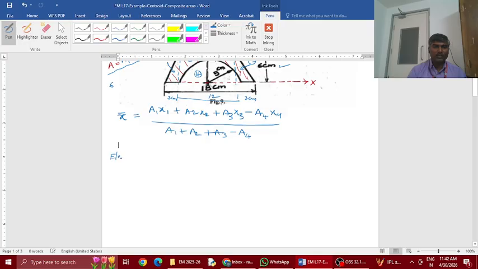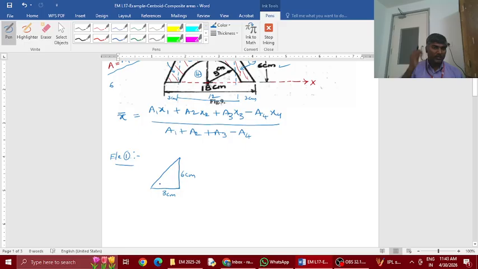So now I am writing element 1 properties. Element 1 is a triangle. Try to draw that triangle, 3 centimeters and 6 centimeters.